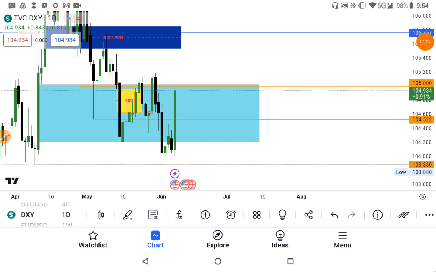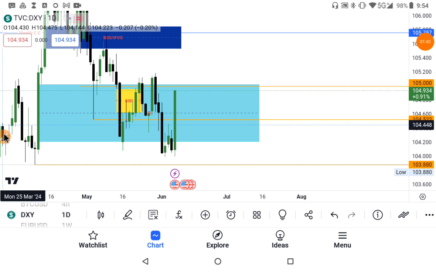104.522 was expected to be delivered, and we should see a movement back into 105,000 to 105.500.